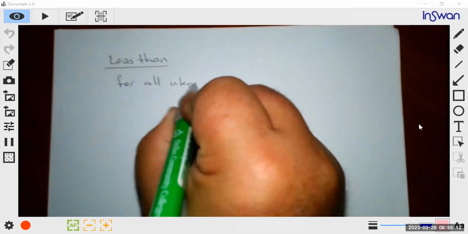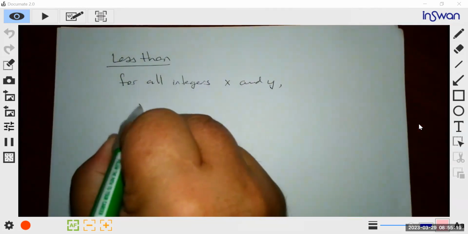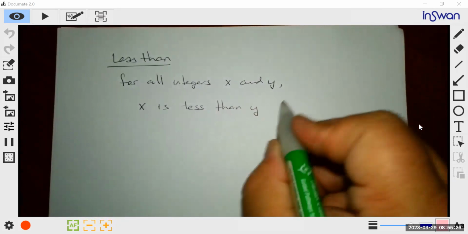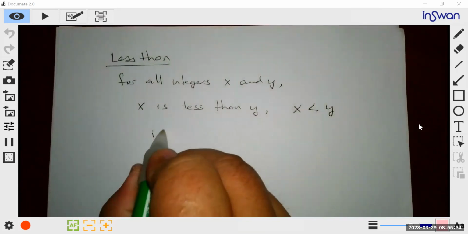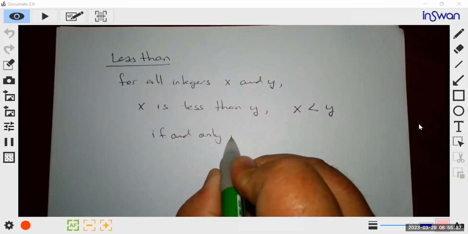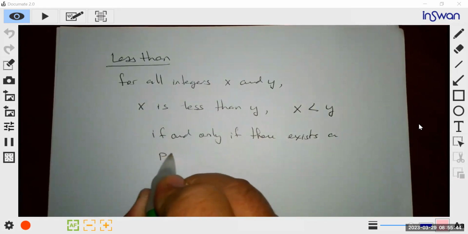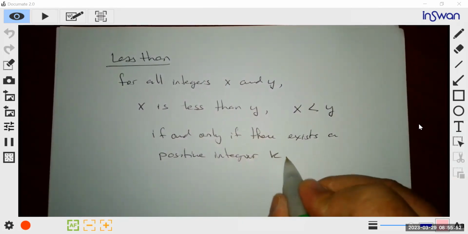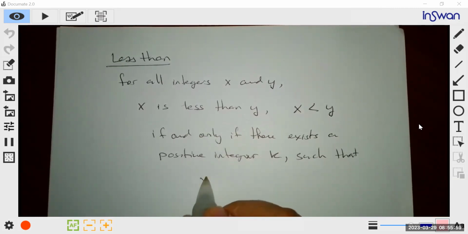For all integers x and y, x is less than y, written x < y, if and only if there exists a positive integer k such that x plus k equals y.